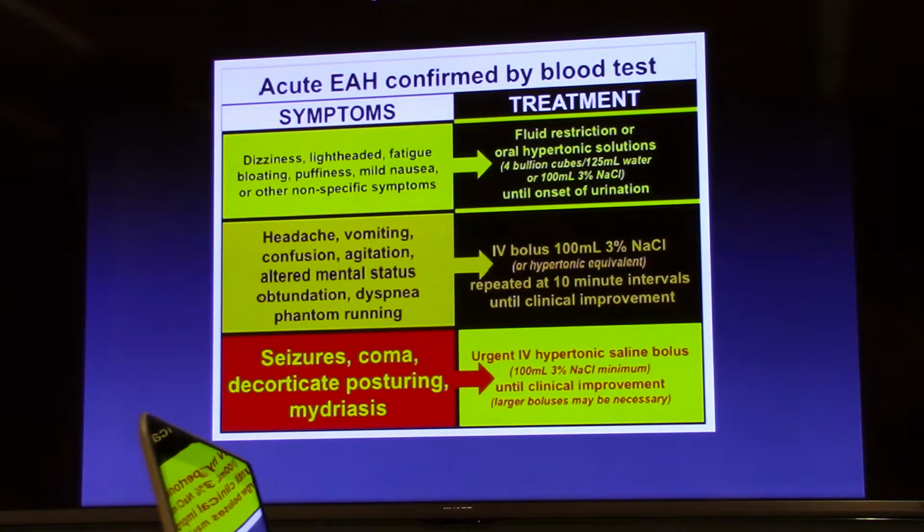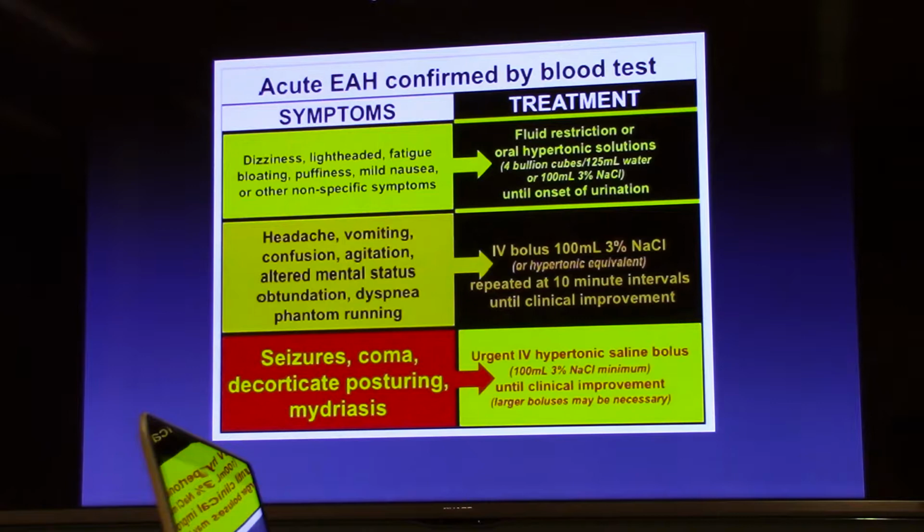Your other option is to give them a small dose of oral hypertonic fluid. This can be 100 ml of 3% hypertonic saline, or you can give them chicken broth, which is essentially 9% saline, and see how they respond.